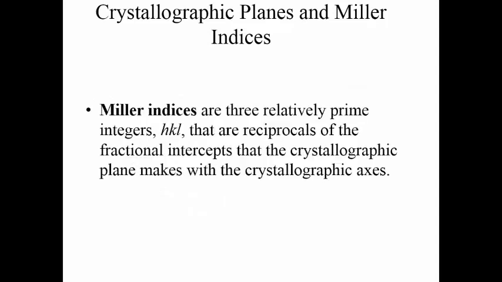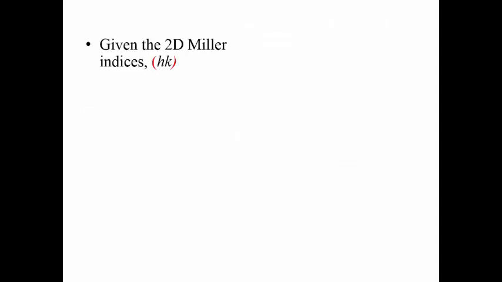The Miller indices are, by definition, 3 relatively prime integers, H, K, and L, that are reciprocals of the fractional intercepts that the crystallographic plane makes with the crystallographic axis. Well, it's easier to see what's happening than it is to read that definition.